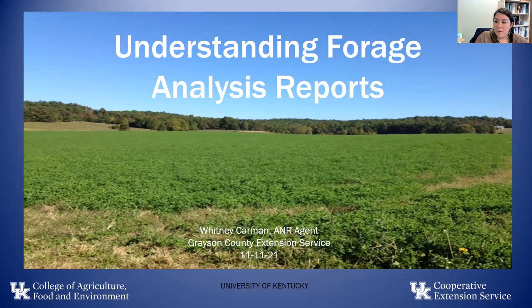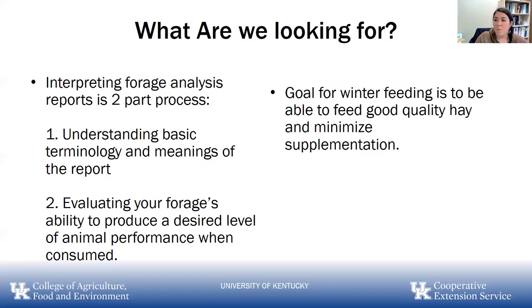And for those of you that have a hay report, what are we looking for? It's important to understand that interpreting forage analysis reports is actually a two-part process because you want to understand your basic terminology. You've got to know what the words mean on the actual report, and then also understand what the numbers mean. So we want to evaluate the forage's ability to produce the desired level of animal performance.